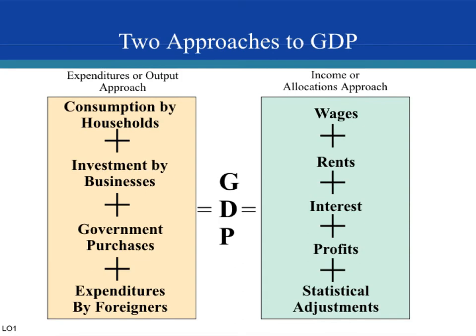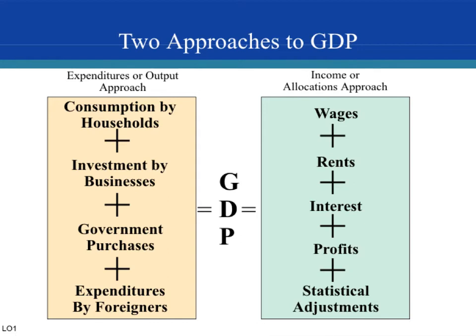So let's look at each a little more closely. The income approach on the right would be wages plus rent plus interest plus profits plus any type of statistical adjustments needed. And then on the left is the expenditure approach, and this, like we said earlier, is the money spent on buying these goods.